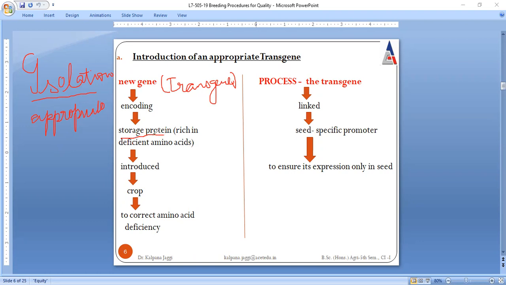And what protein is to be encoded? Because our very first objective is modification of seed storage protein.